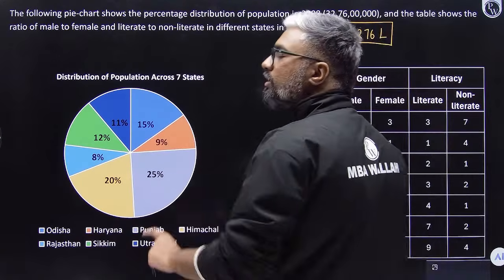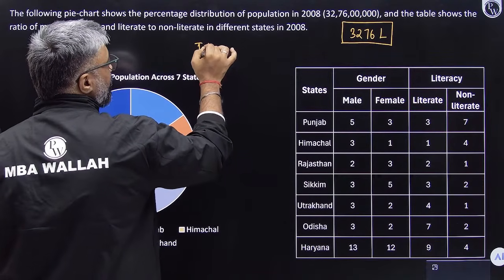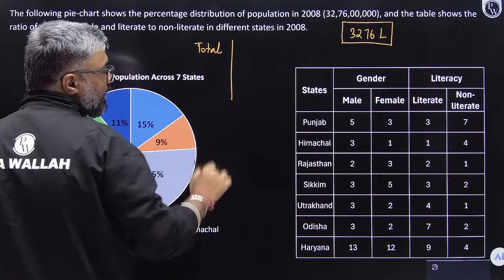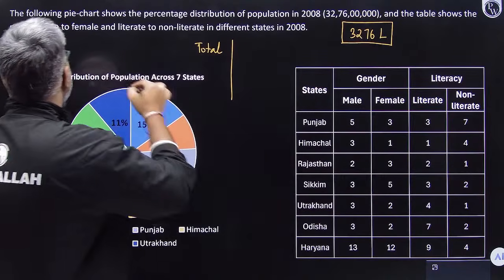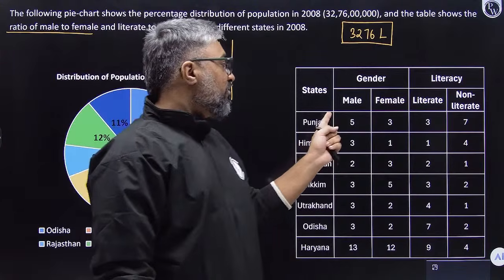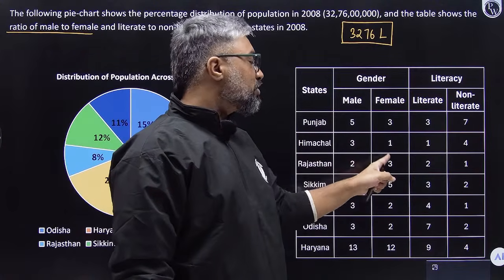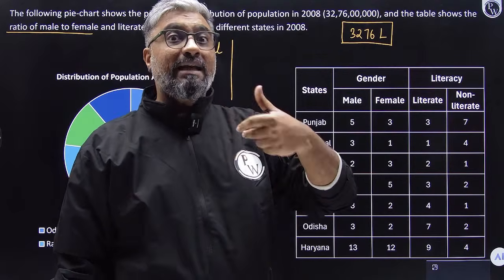First, finding out total population itself is going to be a tough task for us because we will need total population for each state. Next, within each state, we've been given the ratio of male to female: 5:3, 3:1, 2:3. This will again increase the calculation.